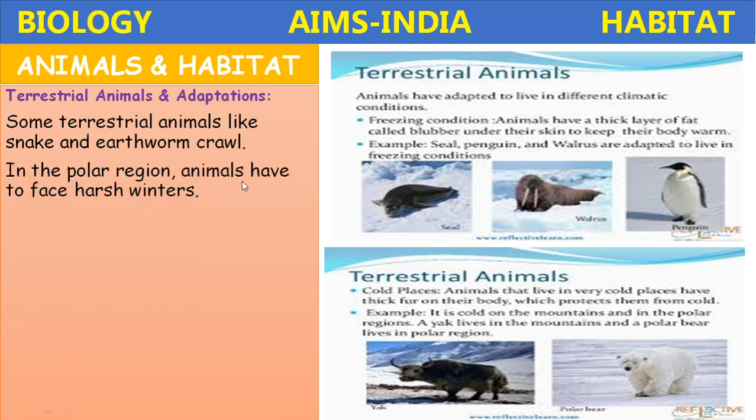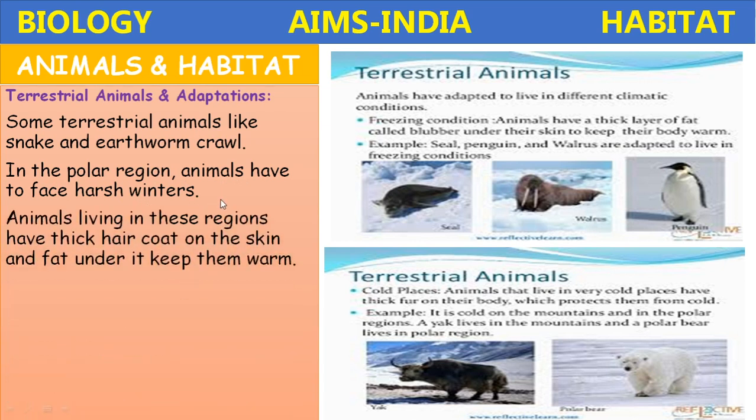In the polar region, the animals have to face harsh winters. The animals living in these regions have a thick hair coat on the skin and fat under it to keep them warm.